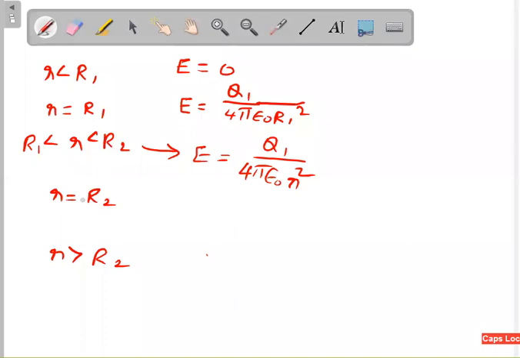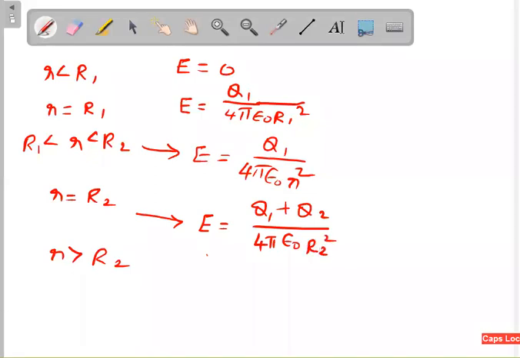Next case, r is equal to R2. The moment you reach R2, you get some extra charge. Already Q1 is in your hand, now Q2 also contributes, so Q1 plus Q2 divided by 4 pi epsilon naught R2 square.